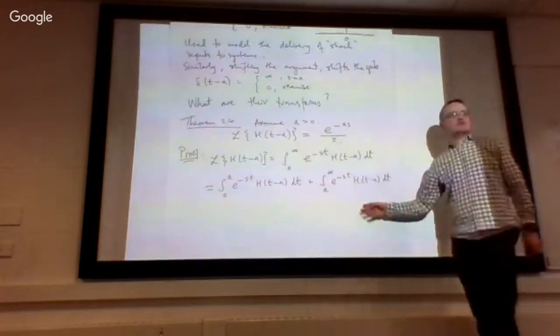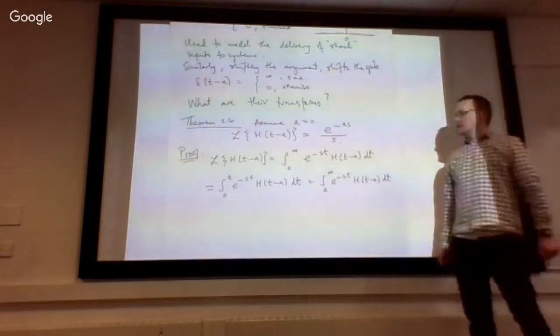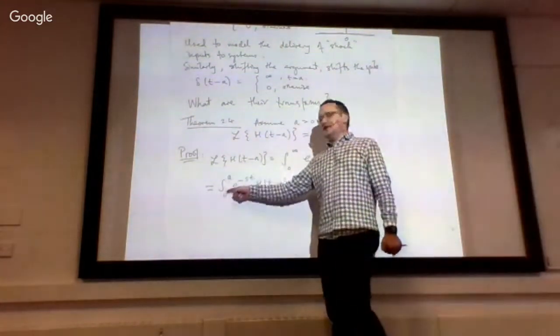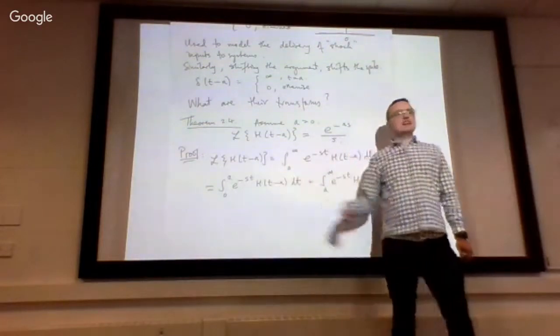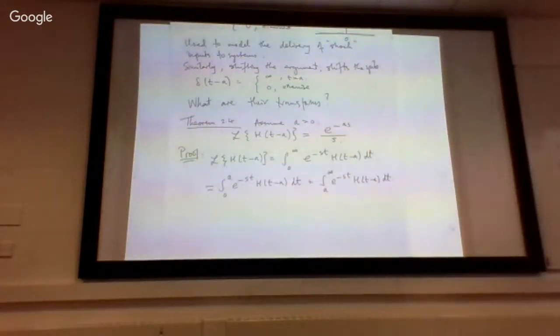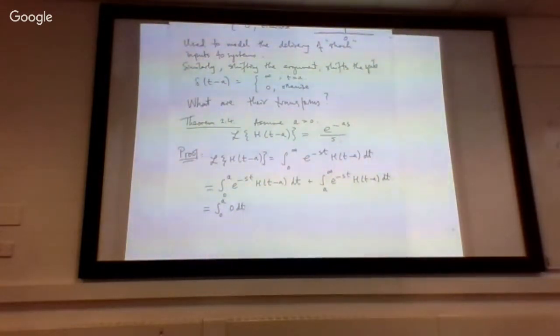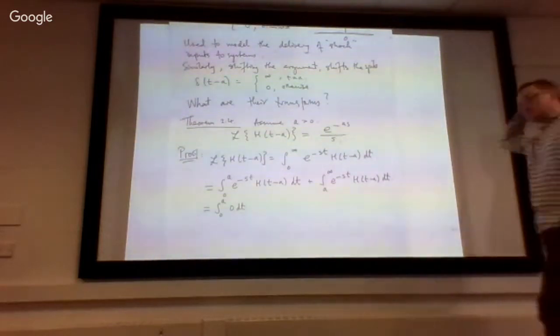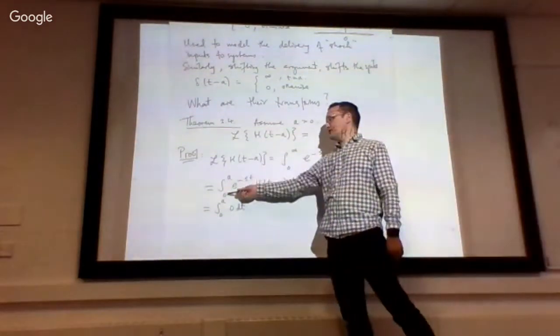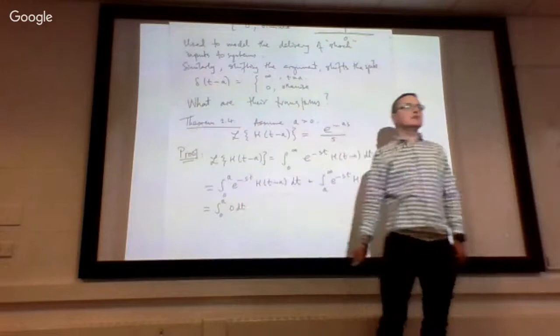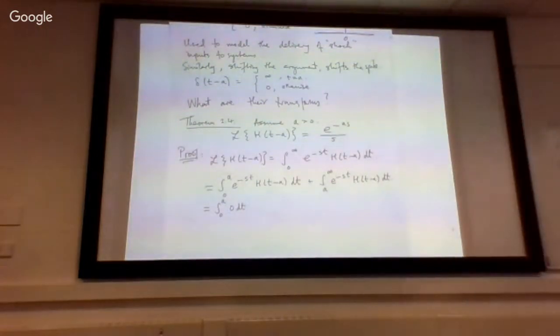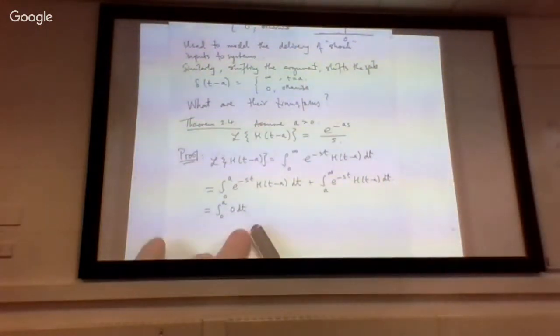But now these integrals simplify, don't they? Because if we're at values of t between 0 and a, the Heaviside function hasn't switched on yet. So all we're doing here is just integrating 0 dt. The Heaviside step function is 0 on these values of t. So suddenly that integral is easy to do. You're integrating 0, it's 0.